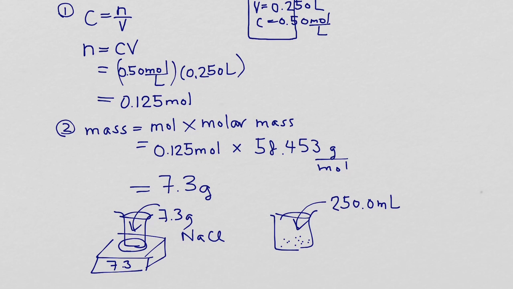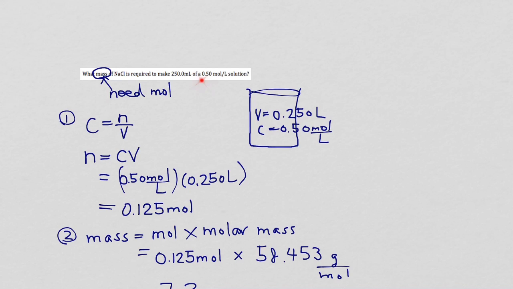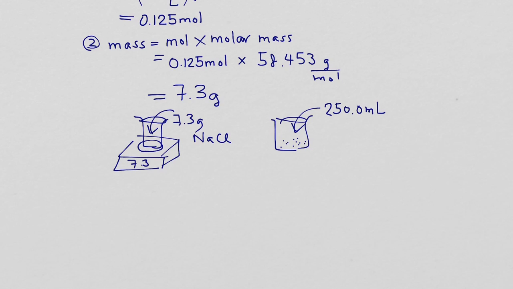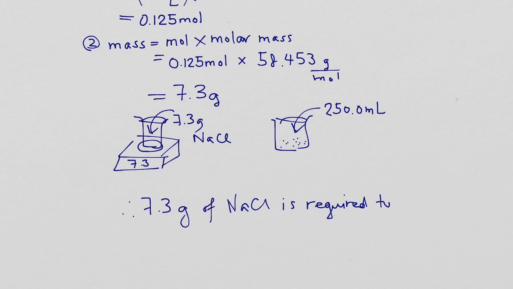And if you were to do that, you would have a 0.5 molar solution. So therefore, 7.3 grams of NaCl is required to prepare 250 mL of a 0.5 molar solution.